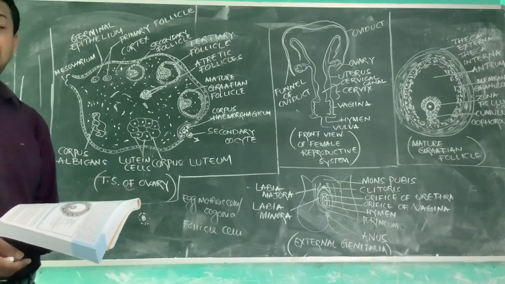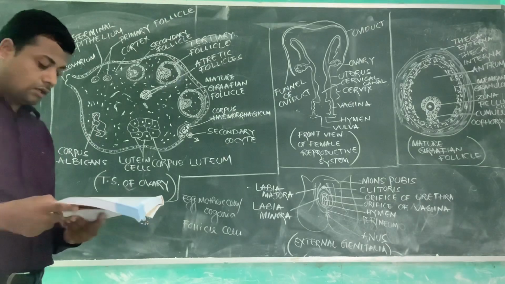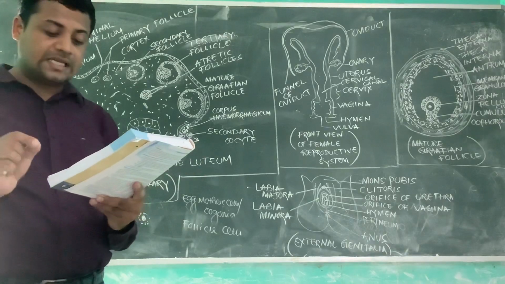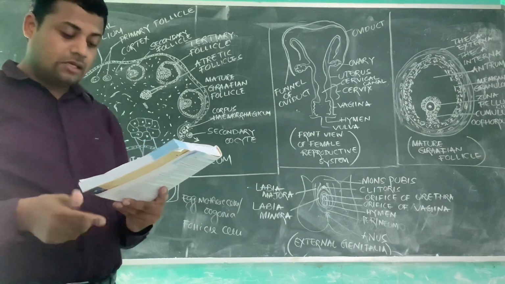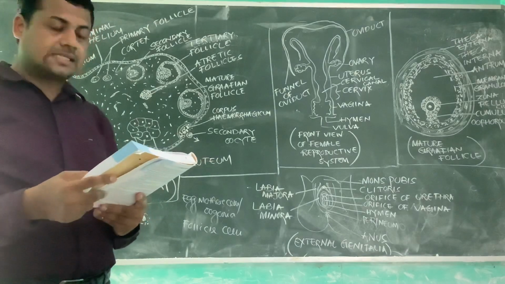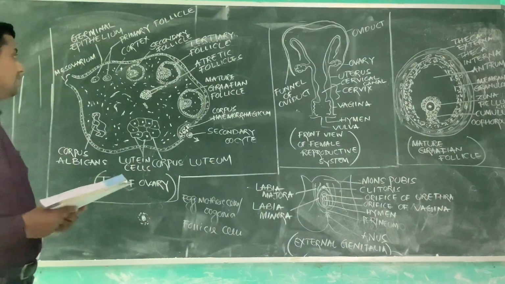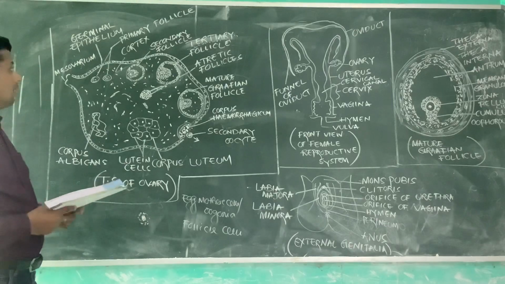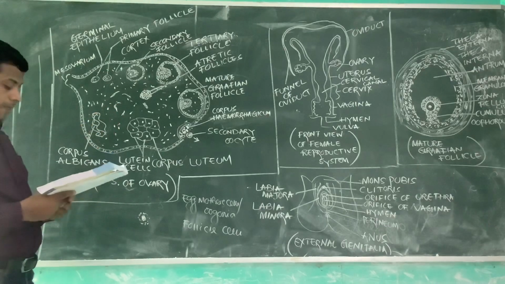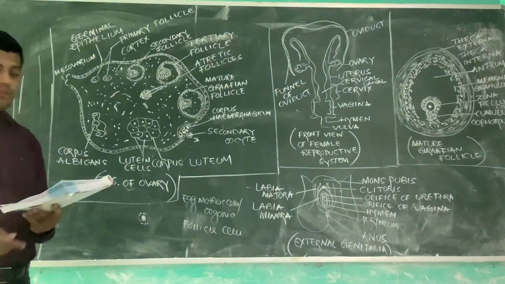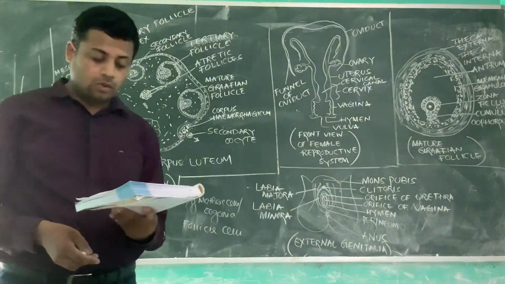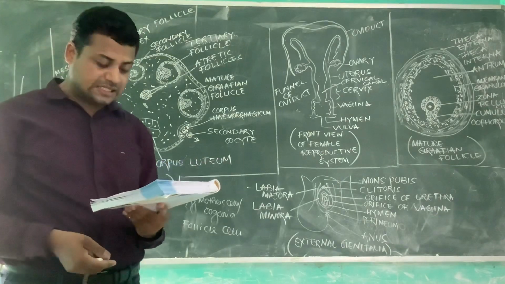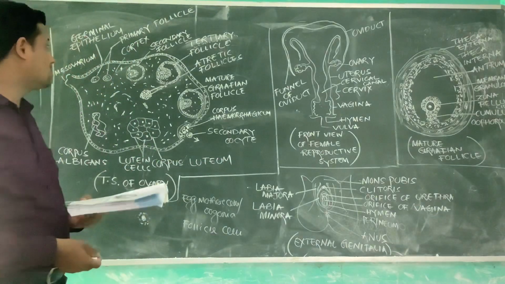Dear students, please note that 2 to 4 million oogonia are present initially, which divide by mitosis, forming primary oocytes. But by the time of puberty, only 60,000 to 80,000 primary follicles are left in each ovary.